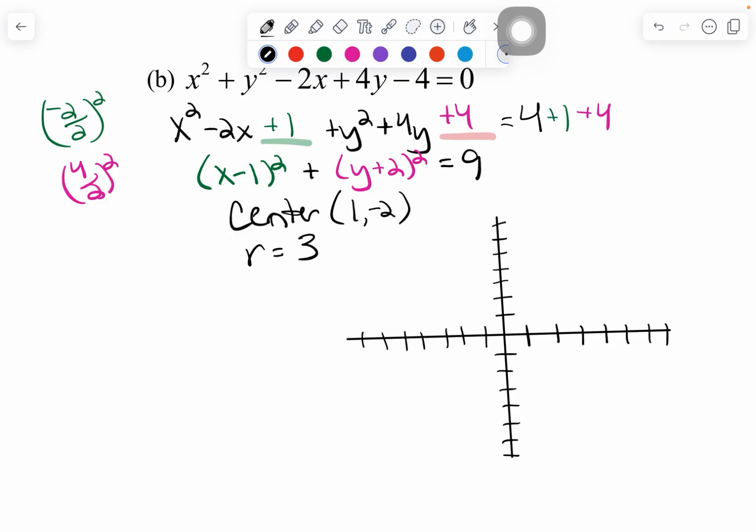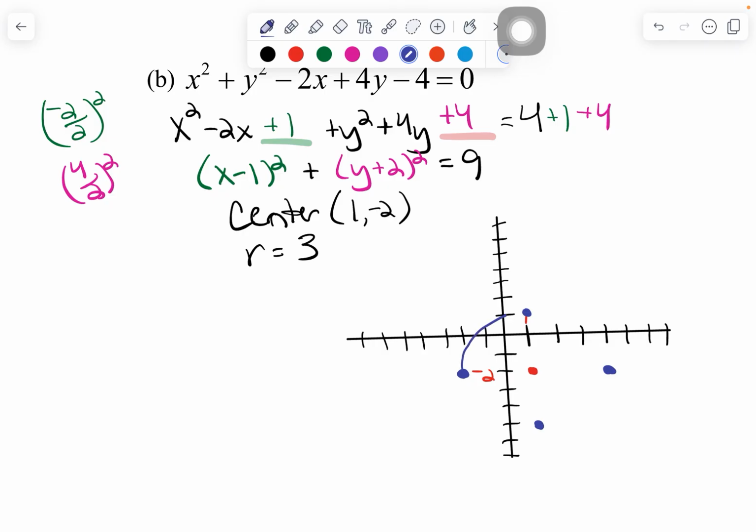All right. So I want to go to the point 1, -2. So 1, -2 is right there, that's my center. And then I need to count 3 left, up, down, all the ways. Okay. So 1, 2, 3 up. 1, 2, 3 down. 1, 2, 3. Wow, I definitely counted those out differently.